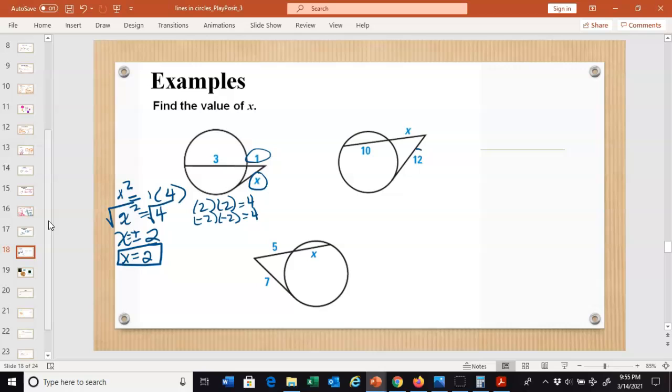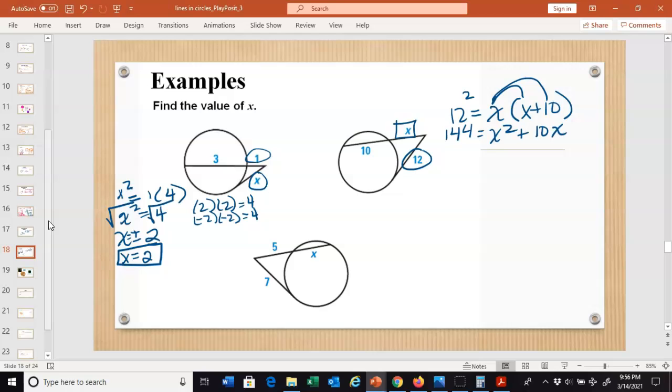Let's try another one. The tangent squared equals the outside piece times the whole thing. So we're going to have x plus 10. All right, this one's looking interesting. So x times x is x squared, and x times 10 is 10x. Look at that.